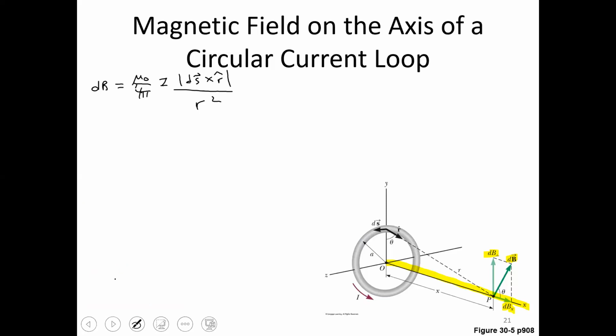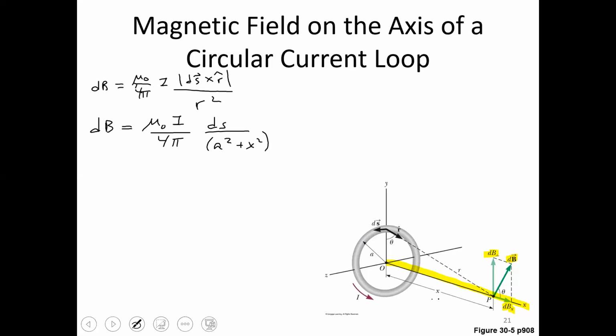When we do our first step, which is to evaluate that cross product, what we are going to get is just ds. So I'm going to get a mu 0 I over 4 pi, and over here I'm going to get a ds, and instead of r squared, I'm going to say a squared plus x squared.